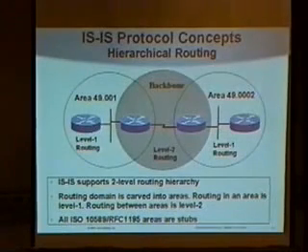So between the 2 routers in the shaded area, they will form level 2 adjacencies, and then they will also form level 1 adjacencies with the routers in their area. And the routing that takes place in the clear circles will be level 1, right? And that's the hierarchical routing.